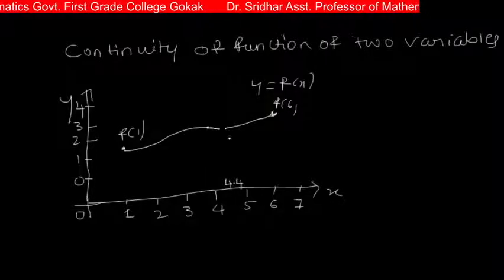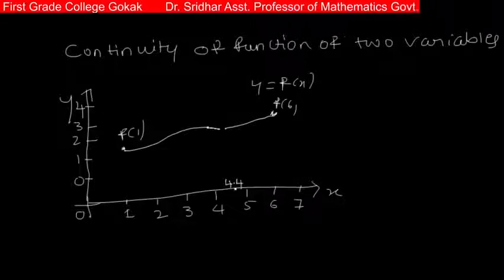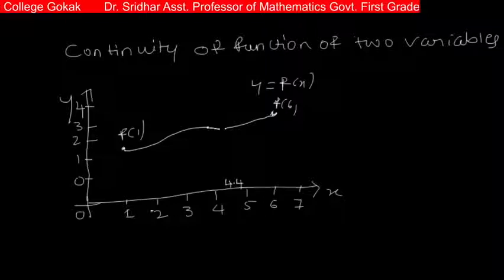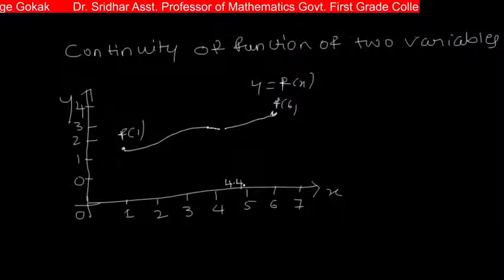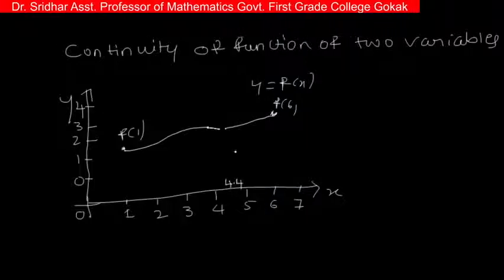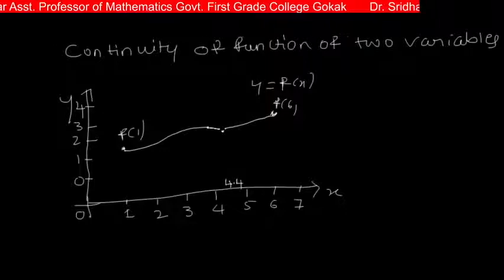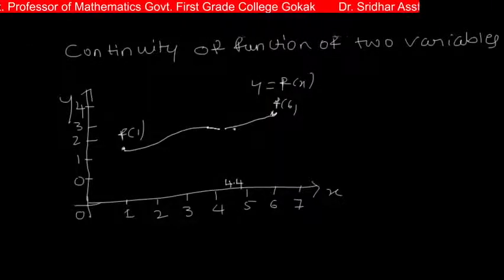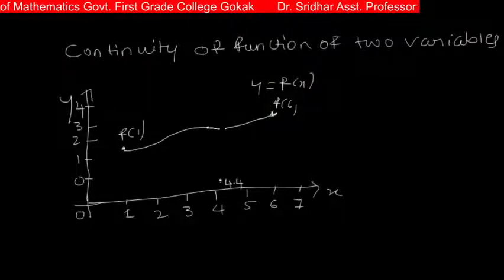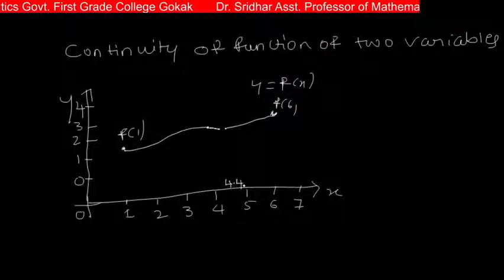So therefore the function is discontinuous at x equal to 4.4, because for this x equal to 4.4 we don't have any point on this curve, it means it is a gap. So the function is not continuous at x equal to 4.4.